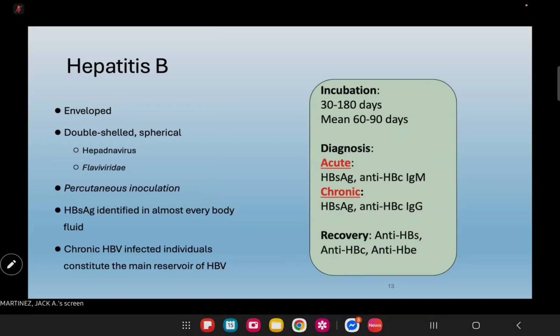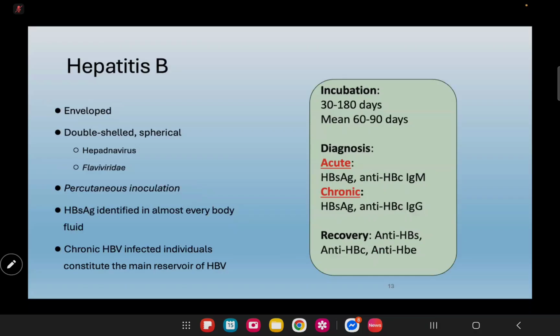To diagnose hepatitis B, we look at the serologic markers. Take note of this. In acute infection, we detect the HB surface antigen, or HBsAg, together with anti-Hep B core IgM.